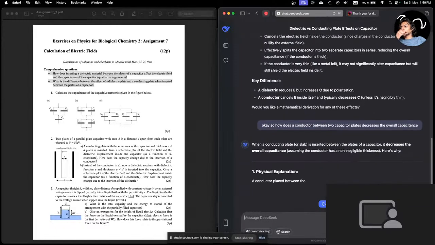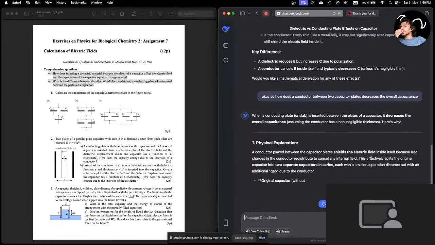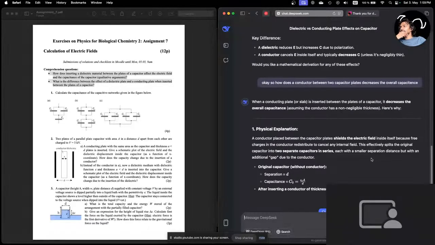When a conducting plate is inserted between the plates of a capacitor, it decreases the overall capacitance. The conductor plate shields the electric field inside itself because free charges in the conductor redistribute to cancel out any internal field.